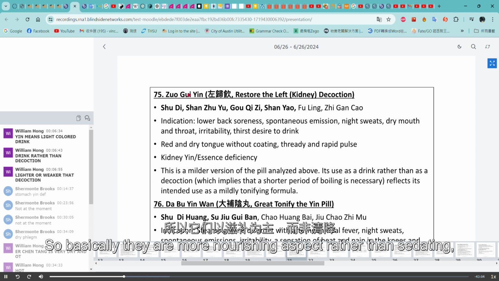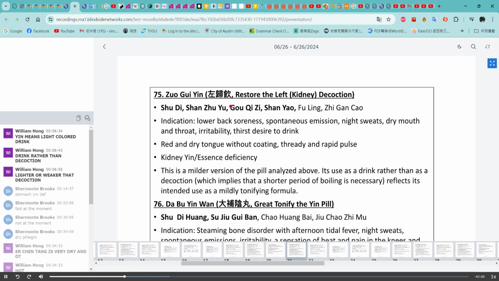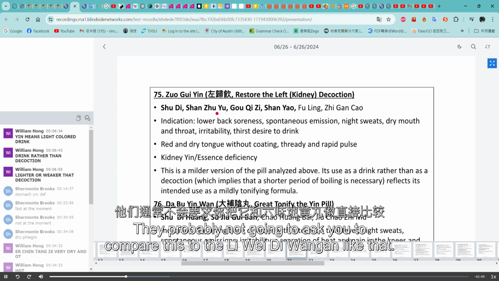So basically they are more of a nourishing aspect rather than sedating, except for Fuling, right? So that means the heat is probably not much, and the condition is not that severe. They probably are not going to ask you to compare this to Liu Wei Di Huang Wan like that.